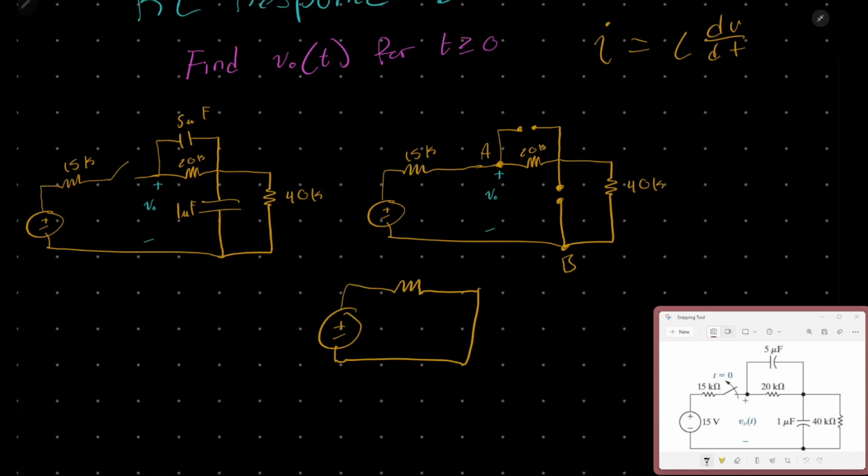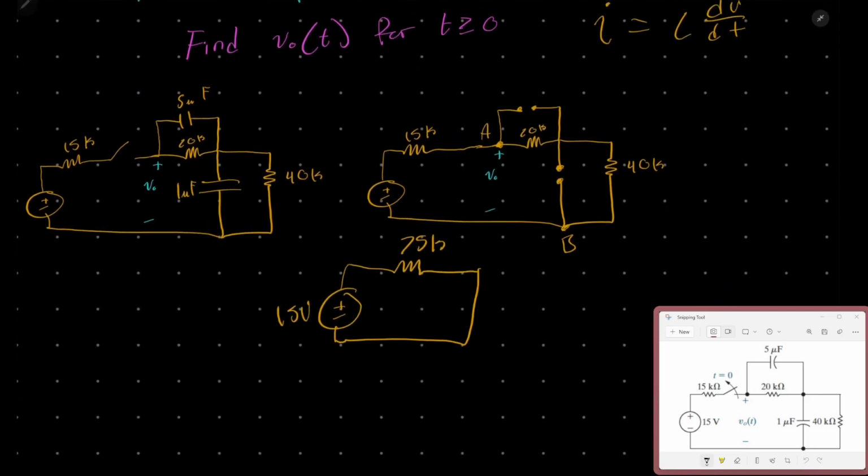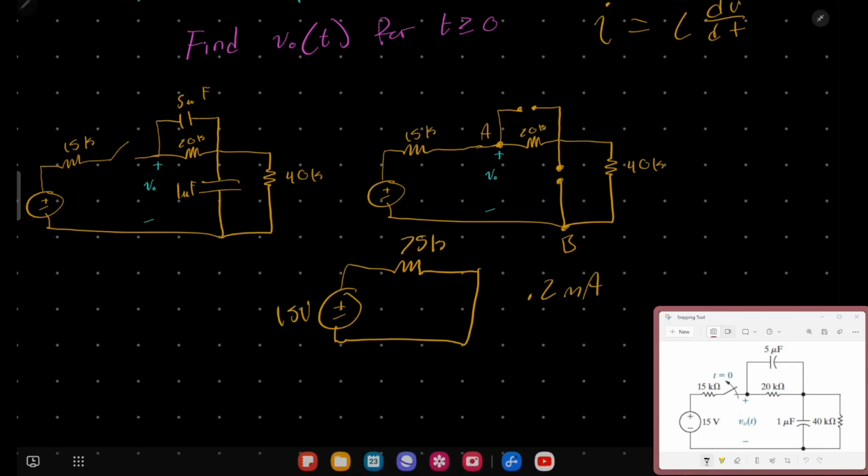Boom. Now we can just add up all these resistors, 15 plus 20 plus 40 to get 75K, with this being 15 volts. Now, to get the current, we will just do 15 divided by 75K to get 0.2 milliamps.